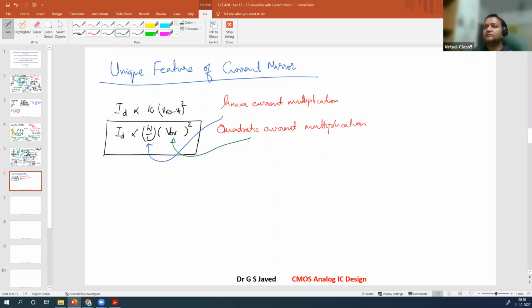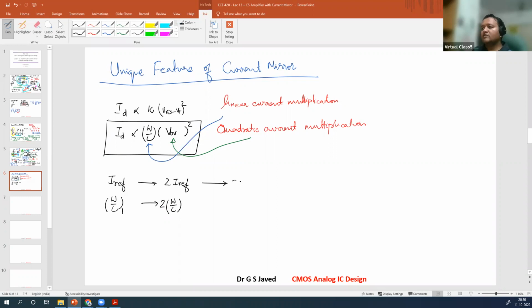For example, you have IREF and you want to get 2 IREF. Best way to do is make W by L 1 here. This one you can make W by L 2 times. You will get 2 IREF.